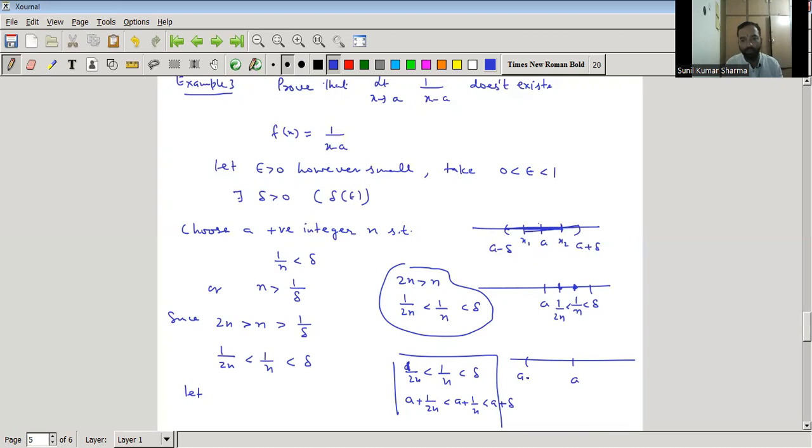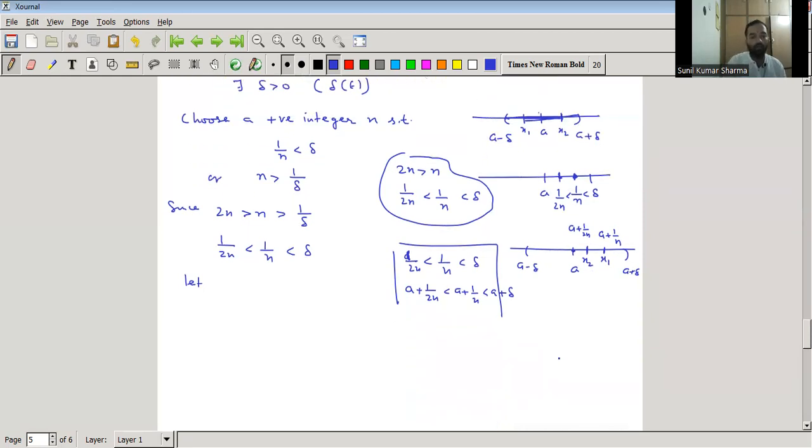This is my a minus delta. This is a plus delta. So my 1 upon n lies here. This is a plus 1 upon n, and this is a plus 1 upon 2n. I take this to be x1 and this point to be x2. They lie in the interval of a minus delta and a plus delta, but they are not equal to a.